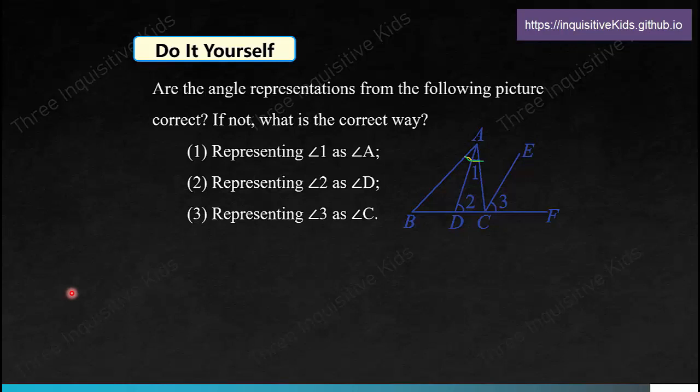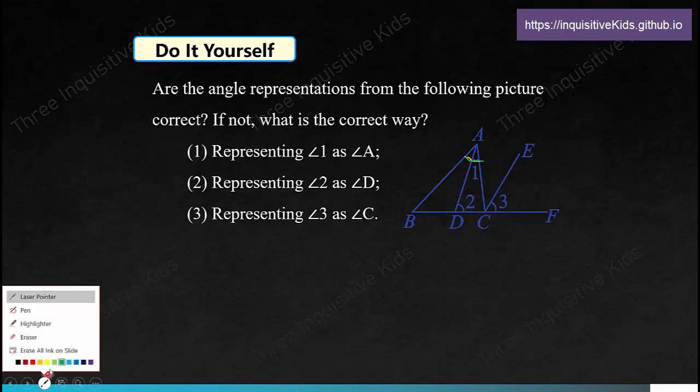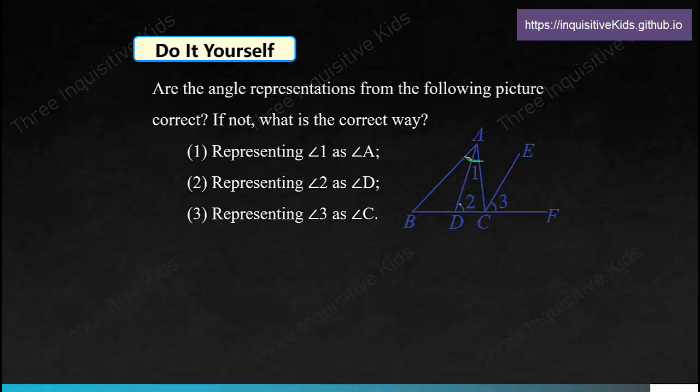Second one, representing angle 2 as angle D. Well, is that correct? Yes, it is, because there is only one angle. Wait, I'm sorry. No, it's wrong, because yes, there is this angle, but there's also this angle that's 180 degrees, and there's also this smaller angle on the other side.